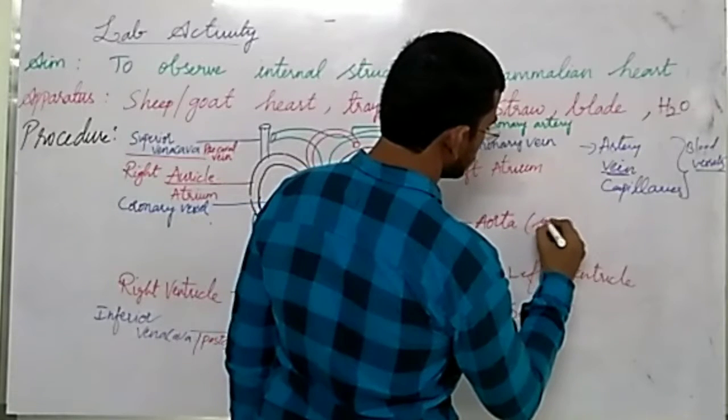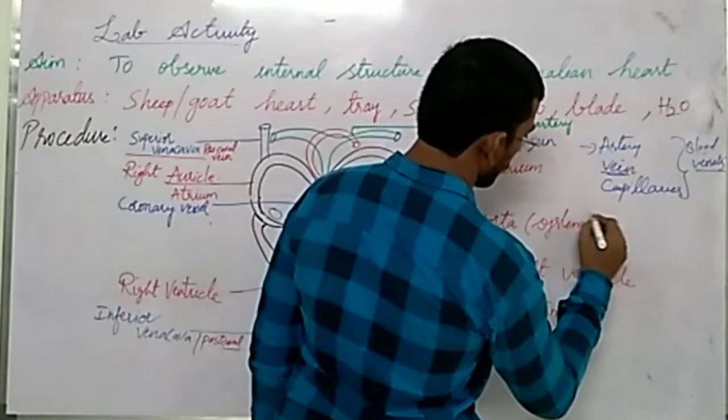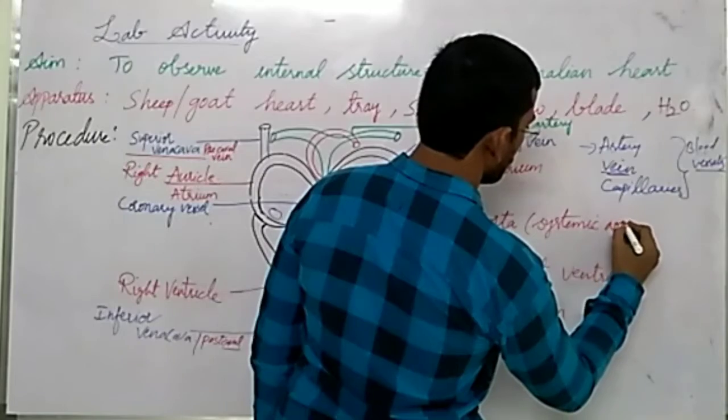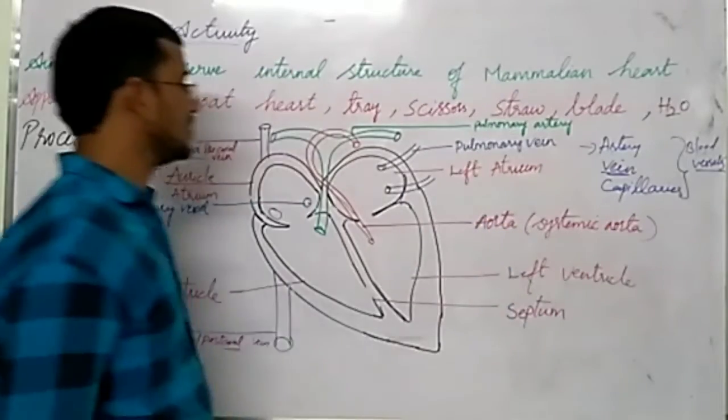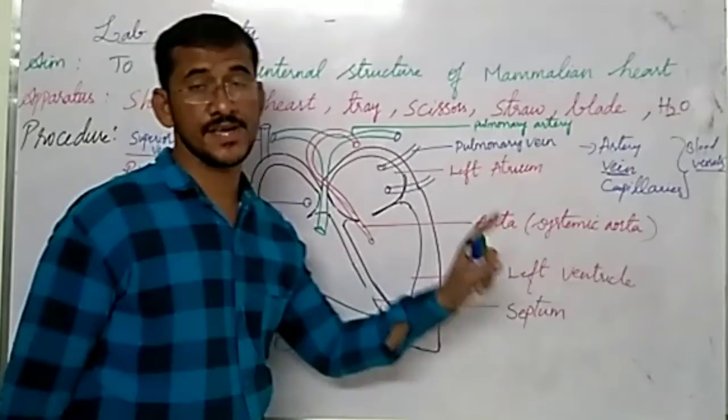We can say systemic aorta. So this is the biggest artery.